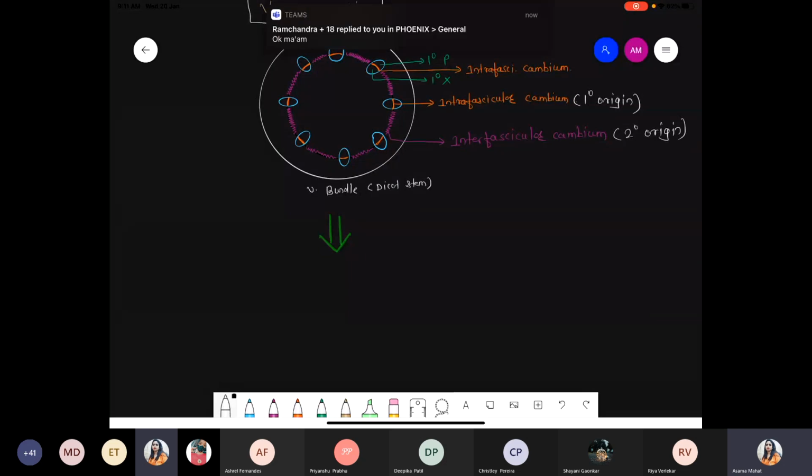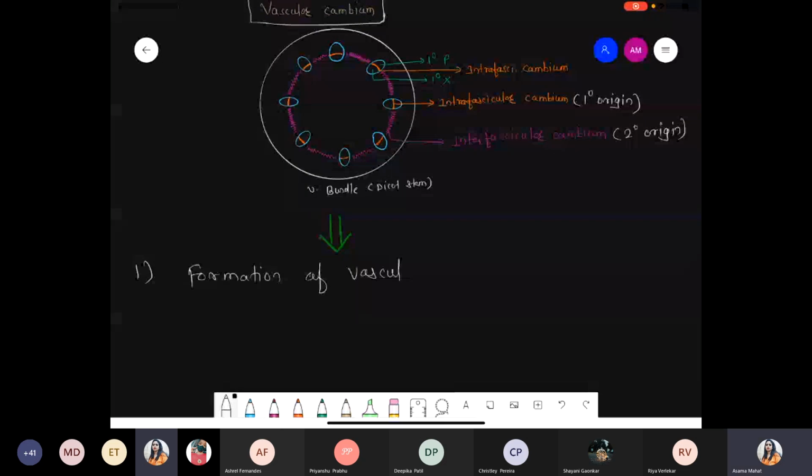Okay, so now what happened in the next step? Number one, we are talking about the formation of the vascular cambium. How does it get formed?